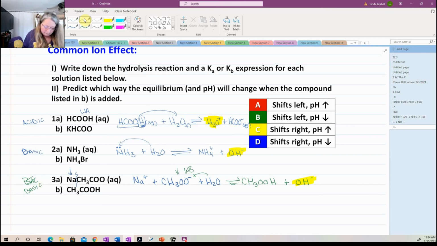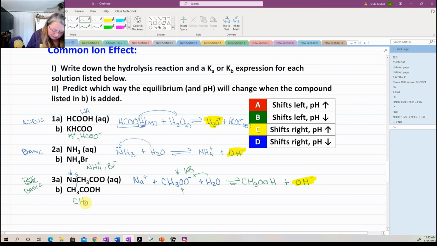All right. If I add this, what's going to happen? I'm going to have a potassium ion and HCOO minus. Those are the two ions. This one here with two ions, what am I going to get? NH4 plus, ammonium, and bromine. And then this one is just the exact same thing we had going on over here, right?